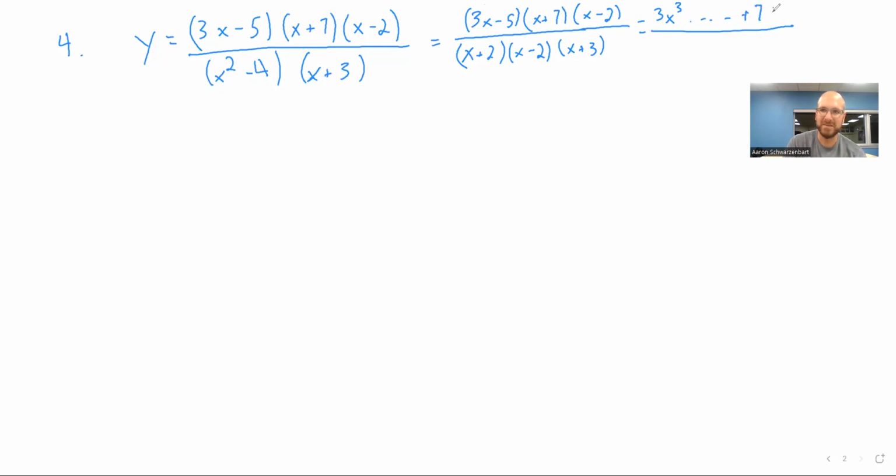Okay. Multiply out my firsts on the bottom gives me x times x times x is x cubed. 2 times negative 2 is negative 4 times 3 is negative 12. So my vertical asymptotes and behavior asymptotes, roots, poles, y-intercept.